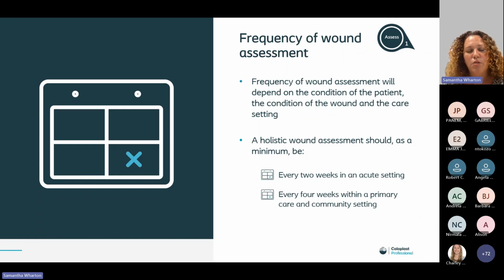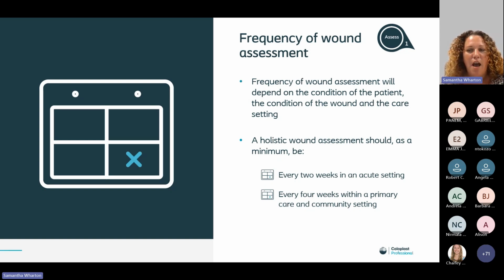And it is really important. The amount of times that I've seen patients whose wounds been deteriorating, but it hasn't been noticed because you haven't had that consistency of care, and that no one's gone back to think, oh, is this wound actually progressing? So it is really important, because if that wound's not progressing as you expect, then you need to be able to go back, because you might have missed something.